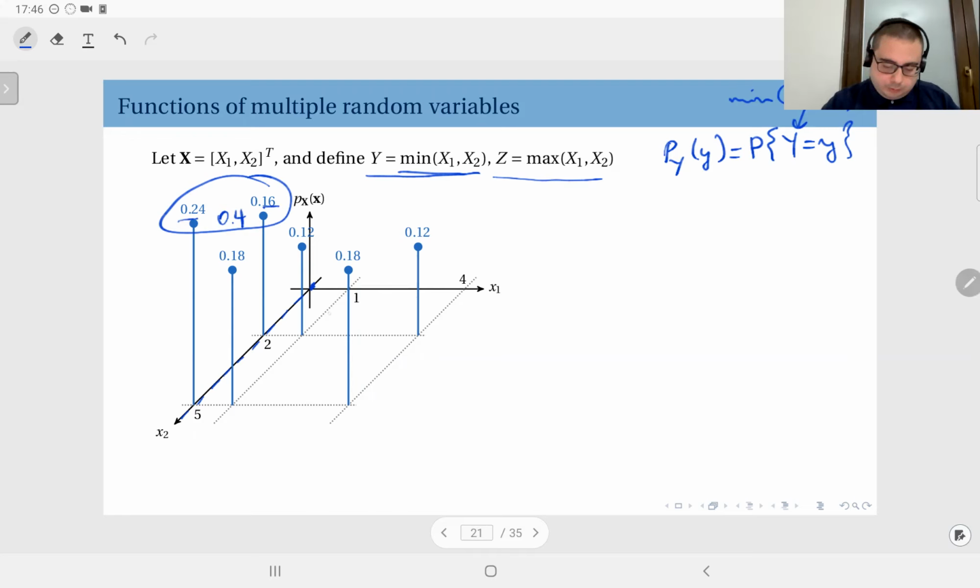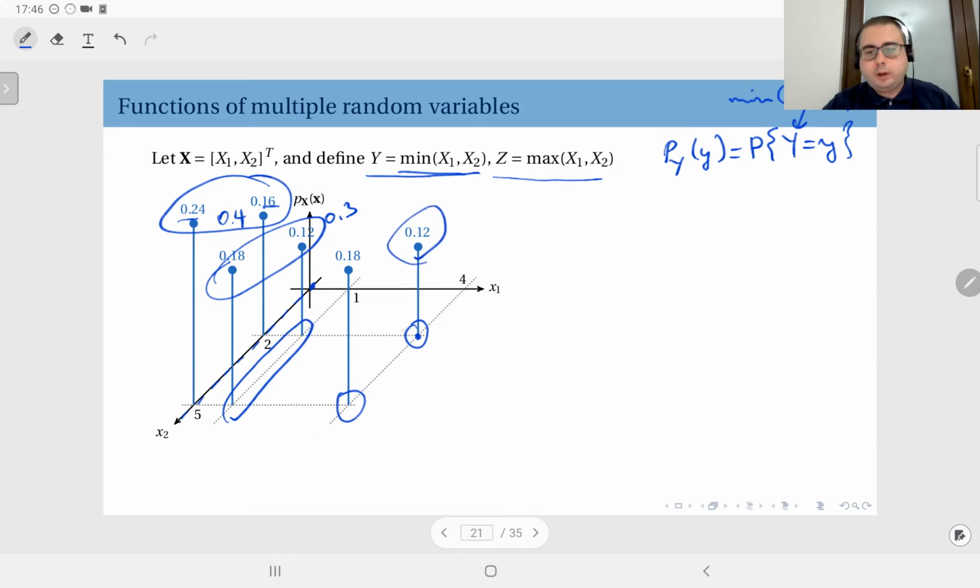And when I have these two, the pairs 1, 2 and 1, 5, again x1, which is 1, is the smaller value. So the sum of these, 0.3, will be the probability of y being equal to 1. For this and this, you see this one is 4, 2, so the minimum value is 2. So y will take the value of 2 with a probability of 0.12.